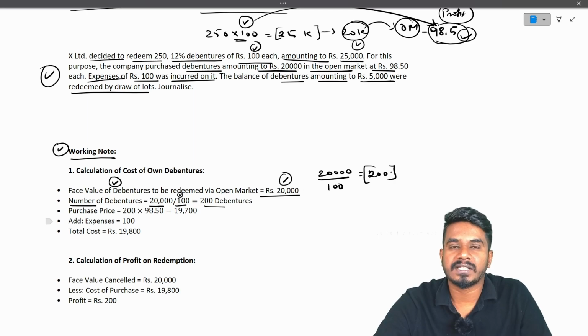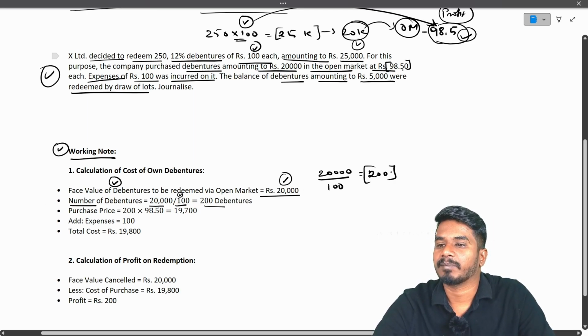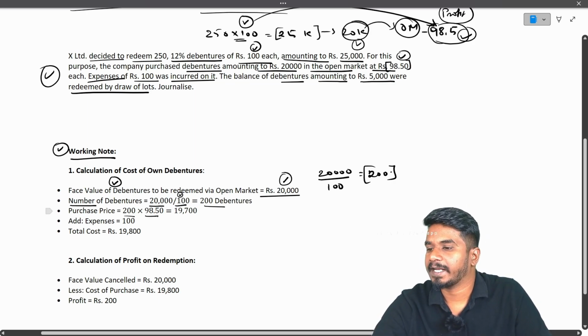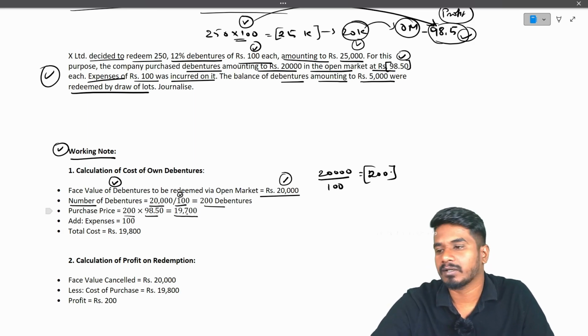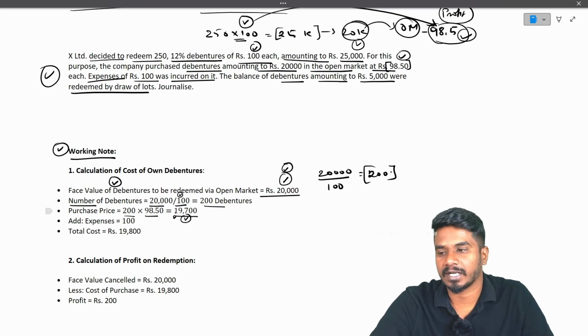At what price did we purchase? At 98.5 rupees. So 200 into 98.5 is the payment we are going to make to the debenture holders, that is 19,700 rupees. So 20,000 worth of debentures, the company bought at 19,700.